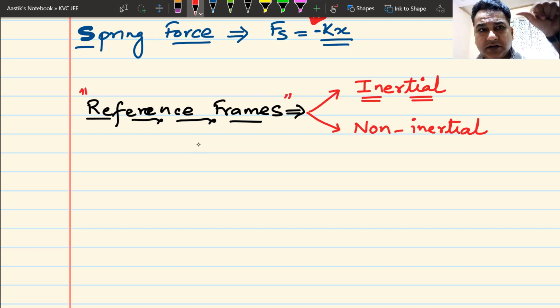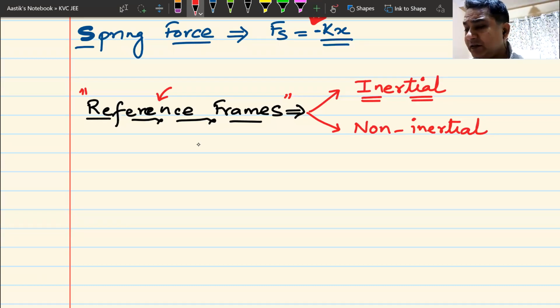We had defined rest, motion, and I have told you already that rest and motion are relative terms. Why are they relative terms? Because they depend on the reference frame.